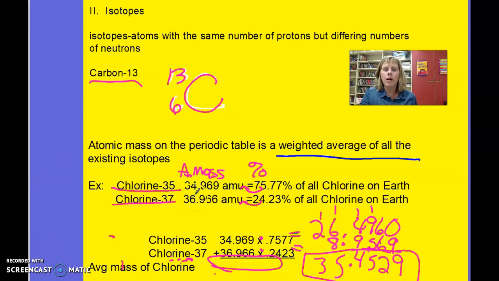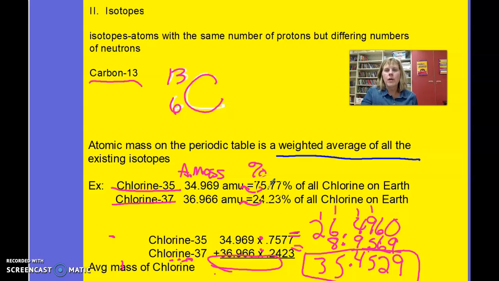So you have to say, this one has this atomic mass and is present in this percent abundance. The other one has this atomic mass and is present with this percent of abundance.